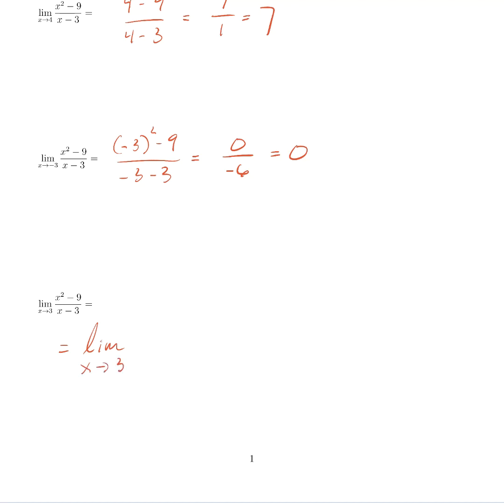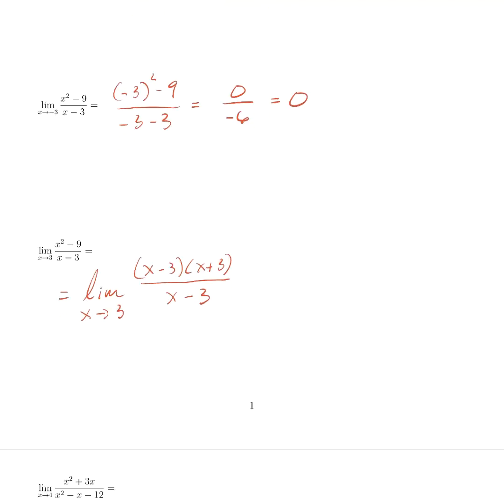as we write this set of equalities. So x squared minus 9 factors as x minus 3 times x plus 3 divided by x minus 3. We can simplify that, and we get the limit as x approaches 3 of x plus 3. 3 is definitely in the domain of x plus 3, so we can substitute directly and get 6.